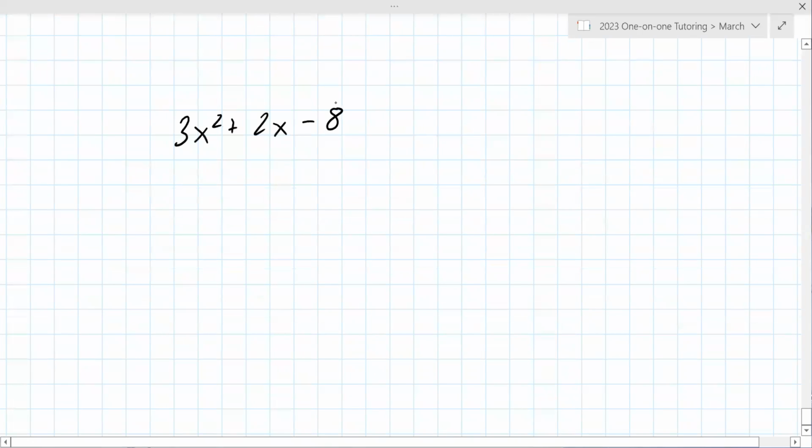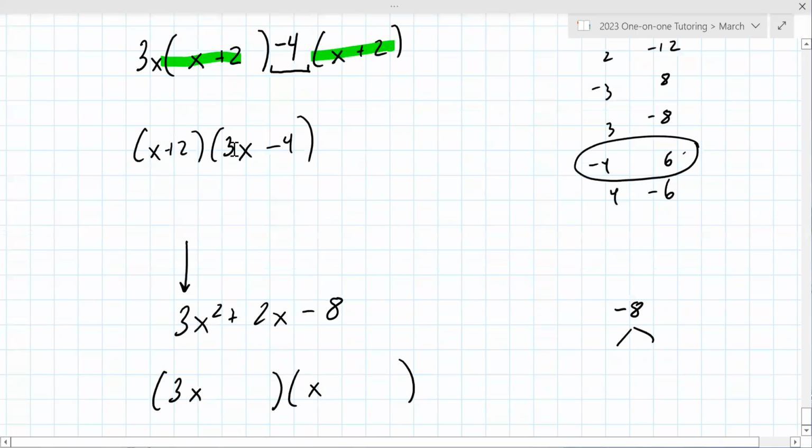So the idea is that if this first one only has two factors, your answer is 3x and x, okay? And you have to look at the factors of minus 8 now and basically check them in here until you get the ones that multiply to 2x, okay? Now, since we already have the answer, it's easy to just go in and guess the right ones.